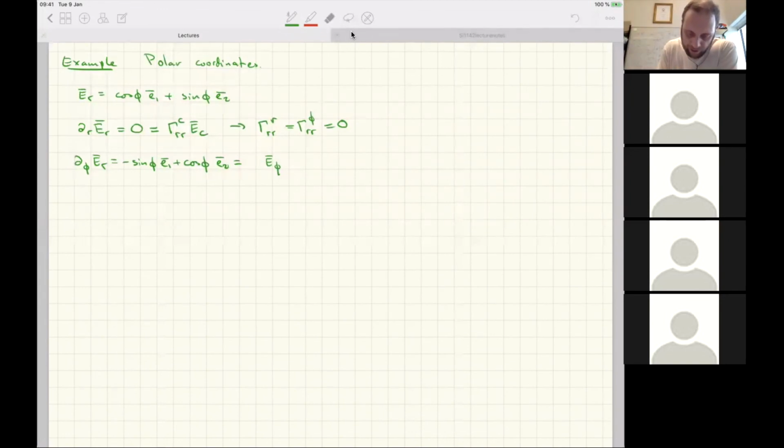I was looking at the wrong place. It's minus 1 over r. No, it's just 1 over r. So this tells you that since this should be equal to gamma r phi C EC, gamma r phi phi is equal to 1 over r. I'm sorry, not E, gamma. While gamma r phi r is 0.